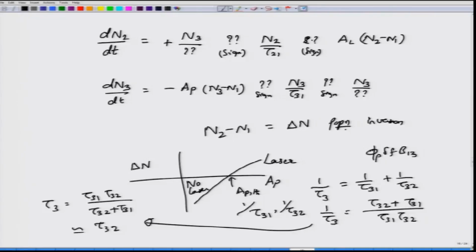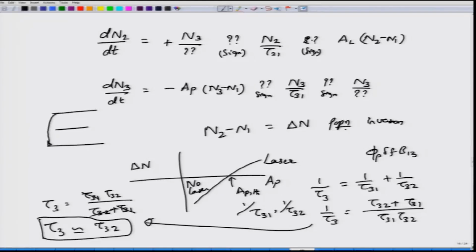So, this will go away and then tau 31 cancels out and you get tau 3 effectively as tau 32, and this is desirable. This is in fact the critical condition that is necessary. If you have a matter in which this transition time is much faster compared to this transition time which is much slower, then you will not be able to sustain population inversion. So, this is bad for our laser application. So, that is one condition that we wanted to talk about.